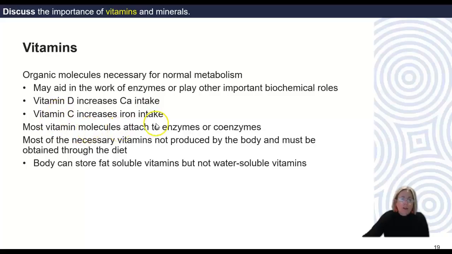Most vitamin molecules attach to enzymes or coenzymes, and coenzymes are non-protein catalysts that often act as molecule carriers. And many enzymes and coenzymes are useless unless they have a vitamin attached to them, and that gives them the shape then to be able to function properly.